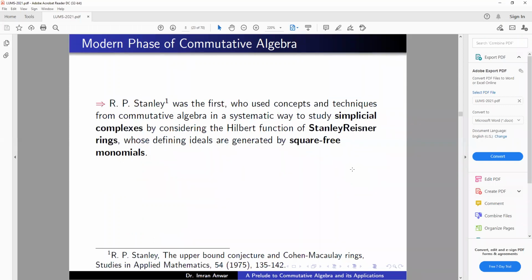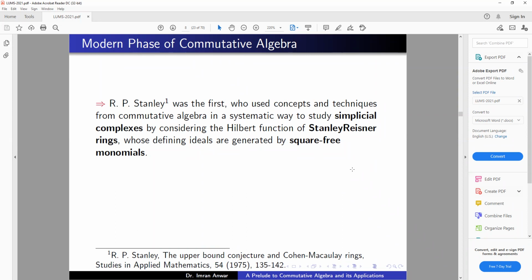So the modern phase of commutative algebra started with the work of R.P. Stanley, who was the first to use concepts and techniques from commutative algebra in a systematic way to study simplicial complexes. Simplicial complexes are a very important tool in topology, used to classify, in other words to give a topological invariant, which was basically introduced by Euler at that time, known as the Euler characteristic.